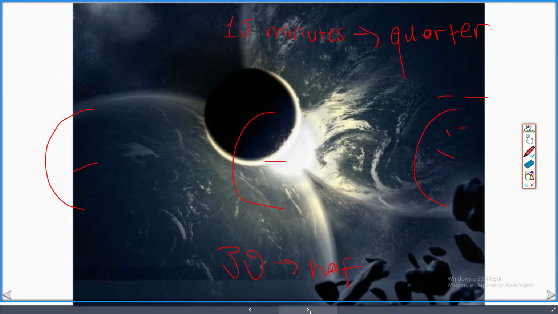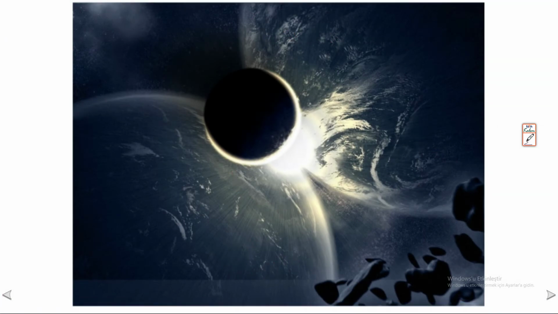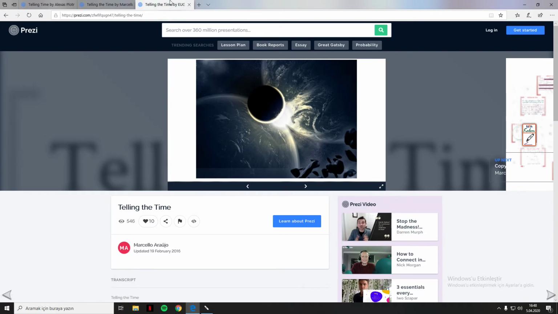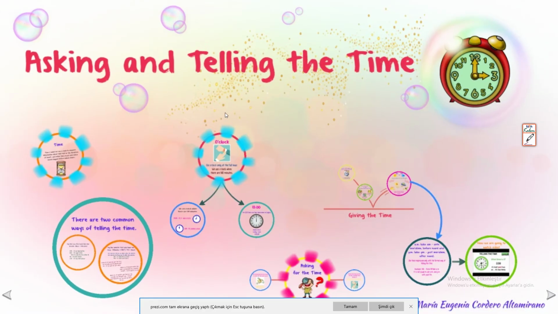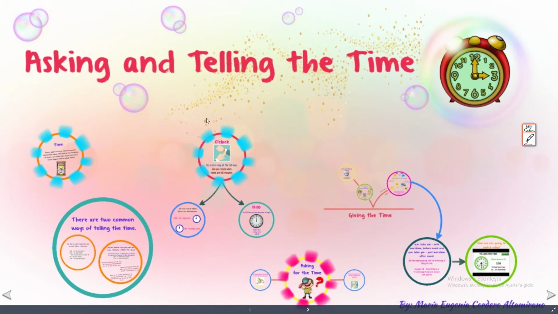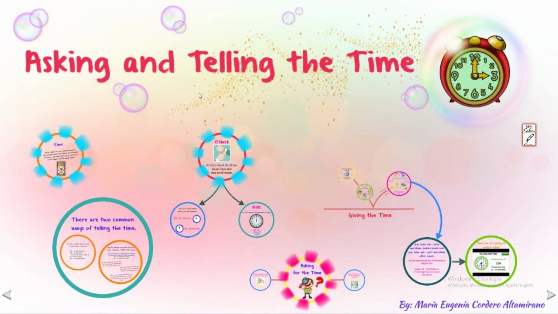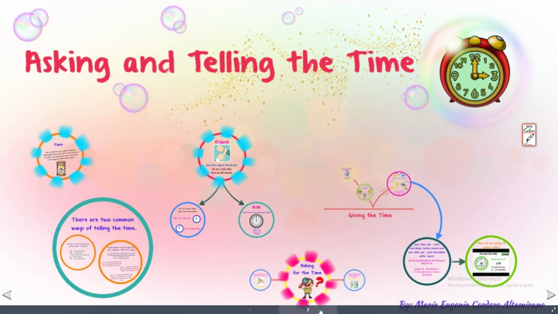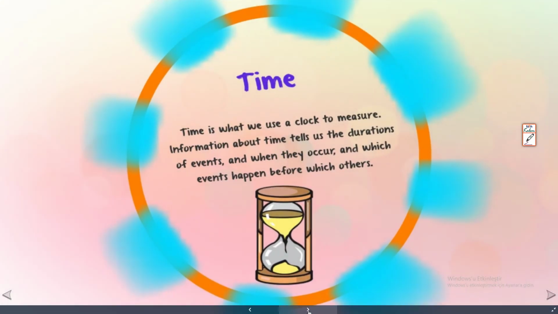And my friend, we finished that also, and the next one is asking and telling the time. How can we ask and tell the time, by the way? Yes, time. And what is time?